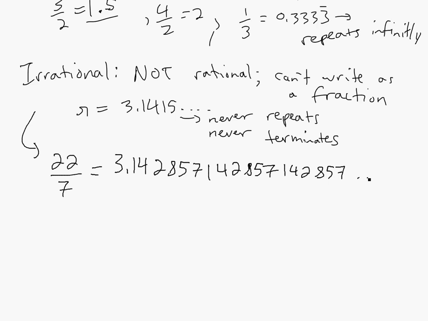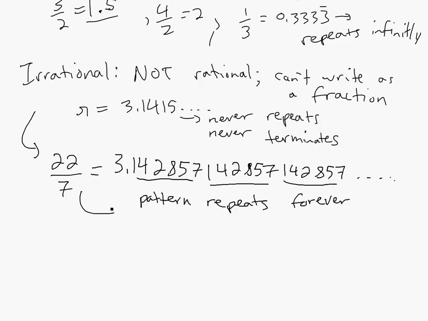If you put it in a calculator, this goes on forever. But if you see this 142857, 142857, this is a pattern. This pattern repeats forever, and this is a close approximation to pi. Because this is repetition, this is rational.